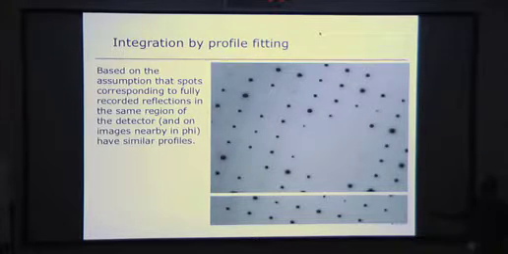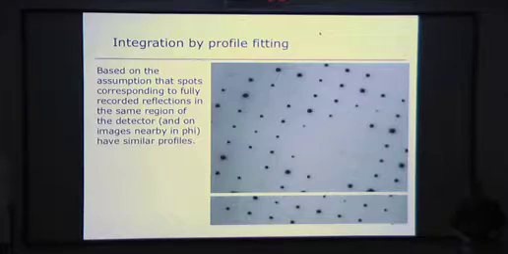Now, if you look at this image from a CCD detector, you can see we've got a nice, strong reflection up here that appears to be quite big on the detector, where it has other reflections near it by, which look smaller. The reason why they look smaller in the display is because their shoulders have disappeared below the background level. And so it's like an iceberg poking out of the sea. You can only see that part of it that is poking out, and most of it is still sitting below.